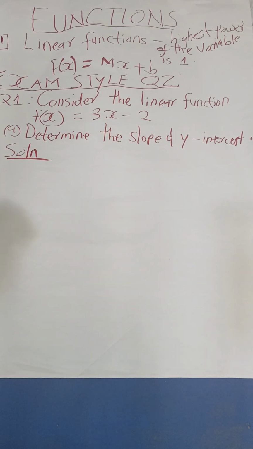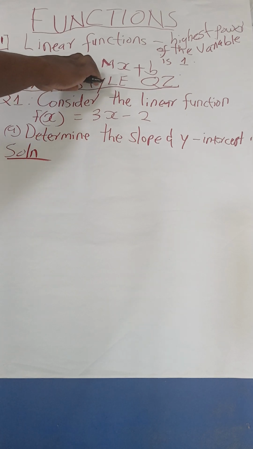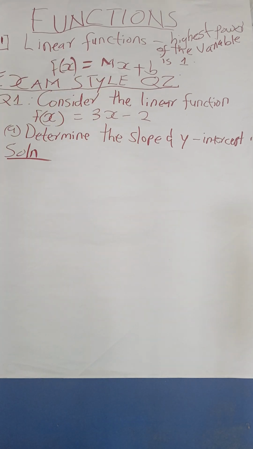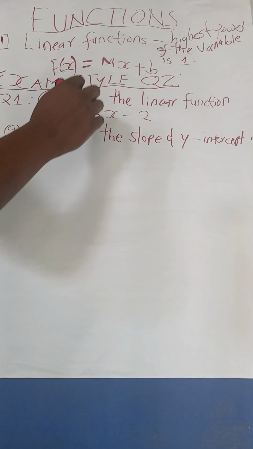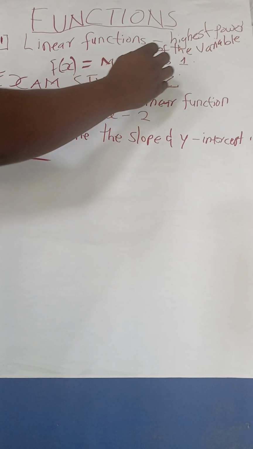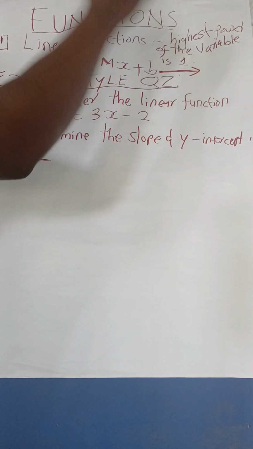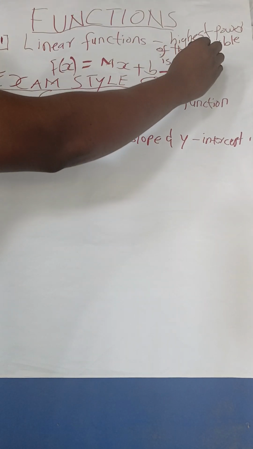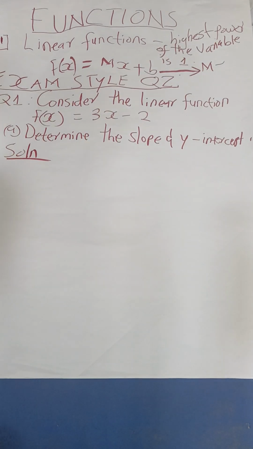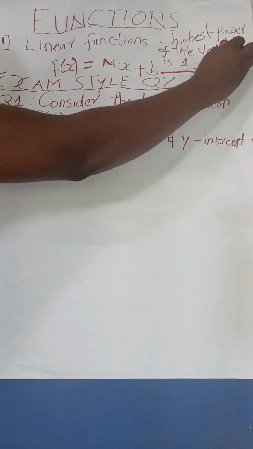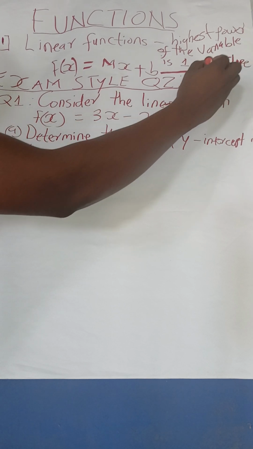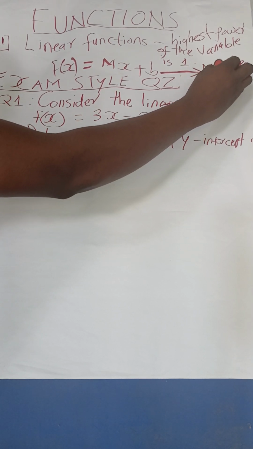Now that I have given you the linear function in that form, if you have been given this as our linear function, here m will always stand for the slope, and b will be the y-intercept.